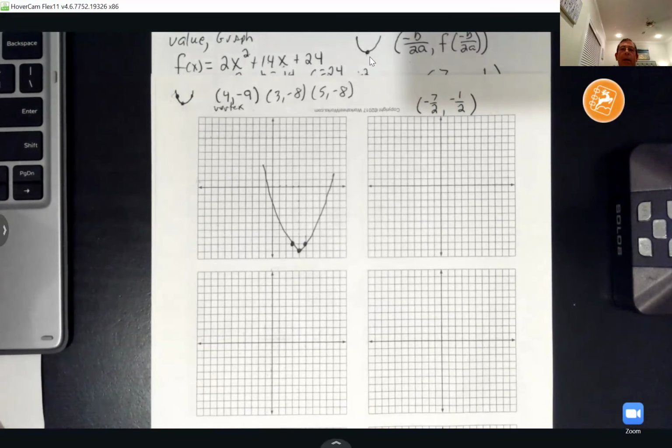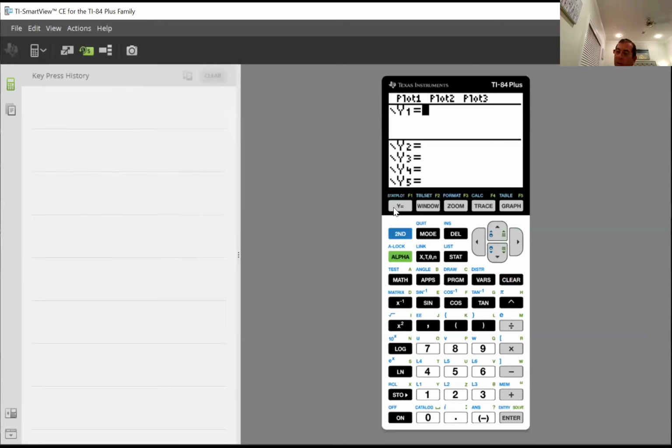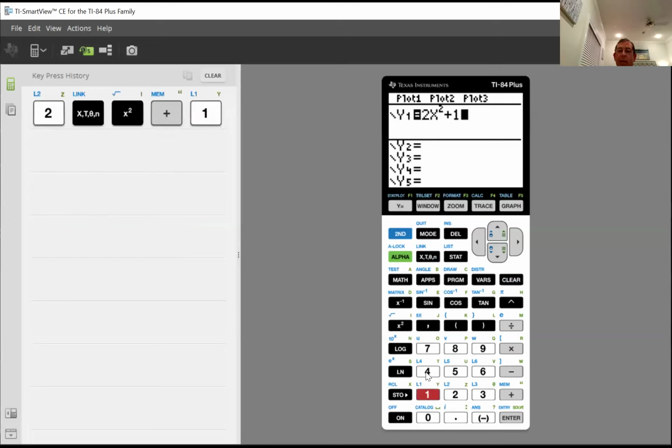Now, let me go find some more points to use for this one. So I'm going to go to my calculator, go to y equals and clear that out. So this one was 2x squared plus 14x plus 24.